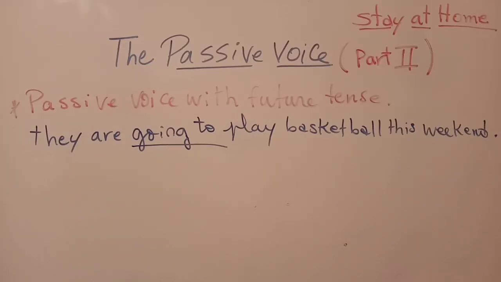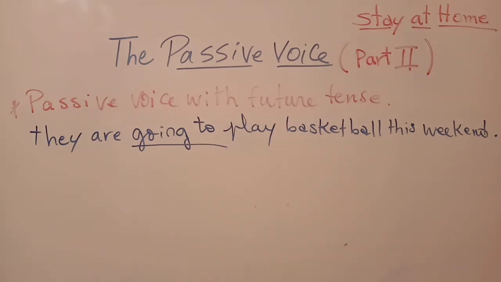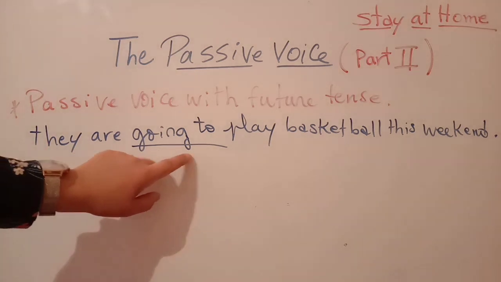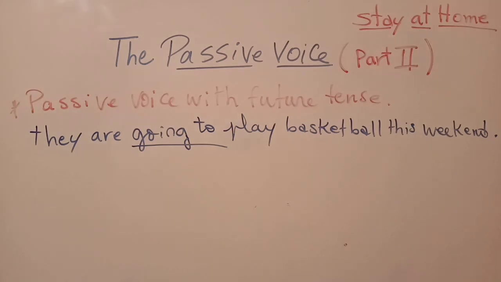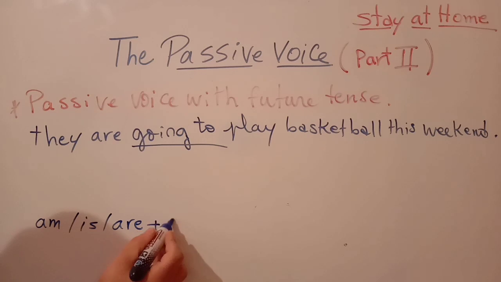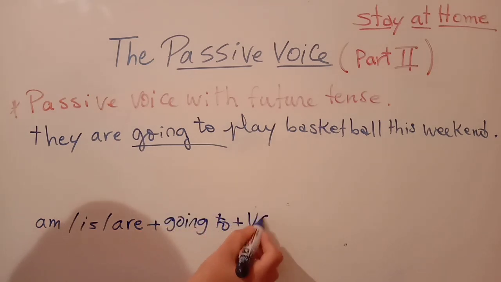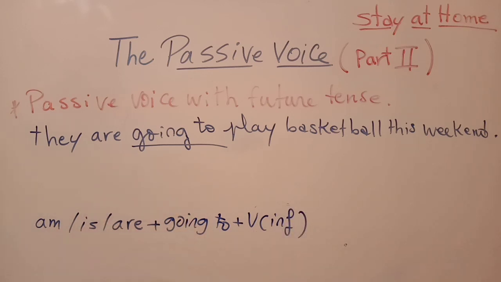Another example with the future tense, they are going to play basketball this weekend. So as you see in this example, the future simple is expressed via going to plus verb infinitive. Okay? So in the active voice, we have either am, is, or are plus going to plus verb infinitive.